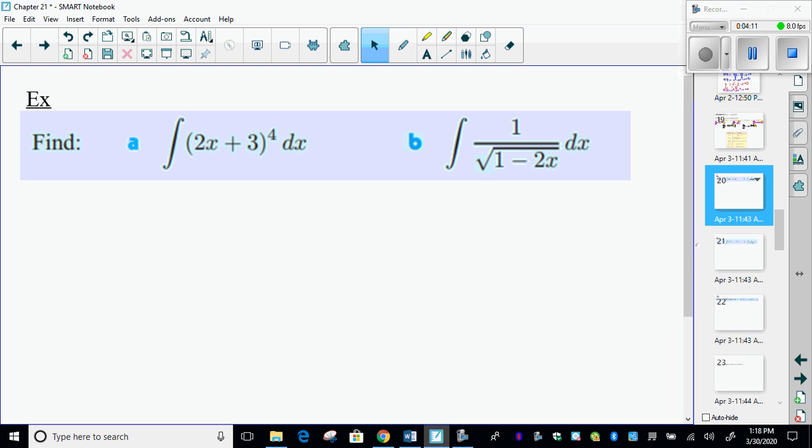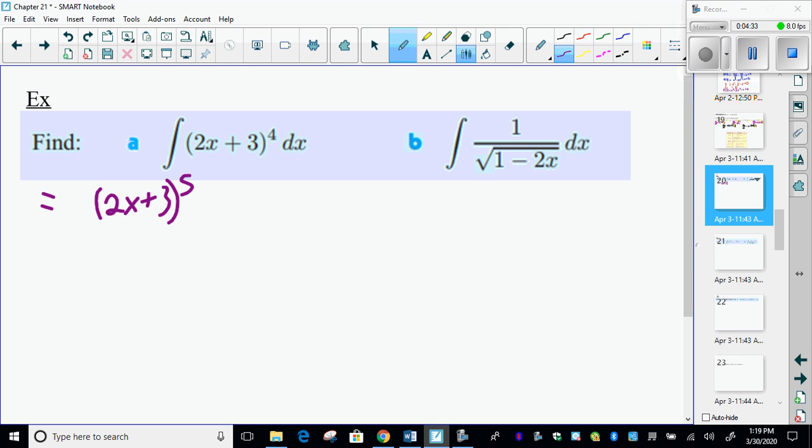However, what we're going to end up doing is using what we just worked on, because we know that that's a linear function inside of there. So therefore, for a, this is equivalent to, just like always, 2x plus 3 to the 5th power. However, since it goes to the 5th power, we then have to divide by 5.